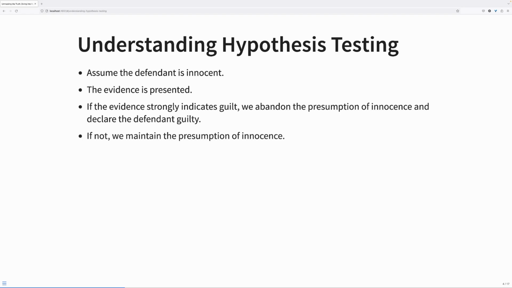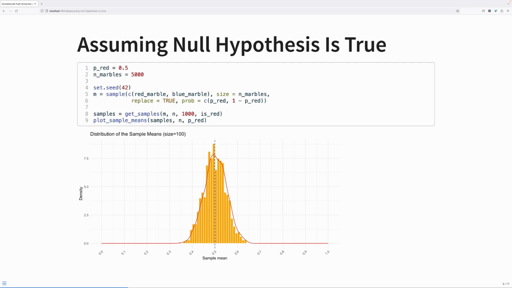So now we are going to assume the null hypothesis is true in our case. We take 1,000 random samples of 100 marbles each. The sample means would cluster around 0.5, and the density plot forms a bell-shaped curve due to the central limit theorem, right?